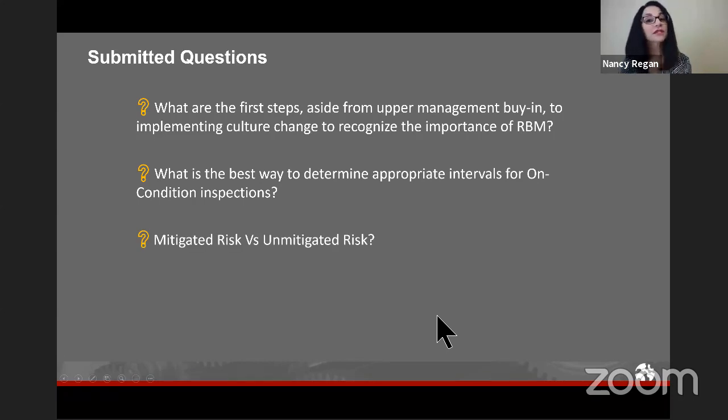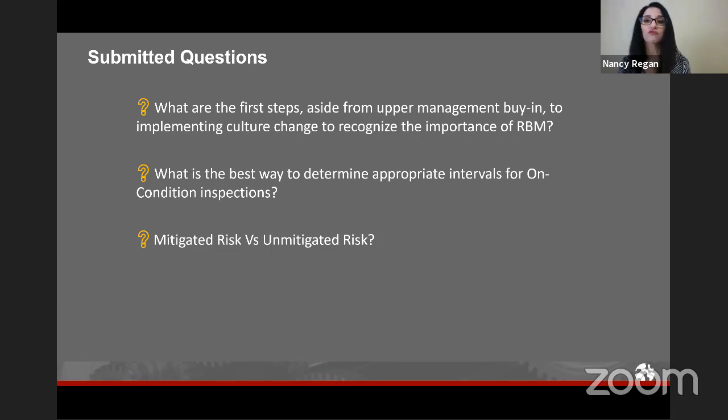Mitigated risk versus unmitigated risk. Someone sent that in. Well, remember how when we were going through the decision diagram and we said, is it worth it or not? Is it worth doing? Well, what that means is, is it more expensive to do the maintenance or not? Maybe you don't even have any downtime when the failure mode occurs.